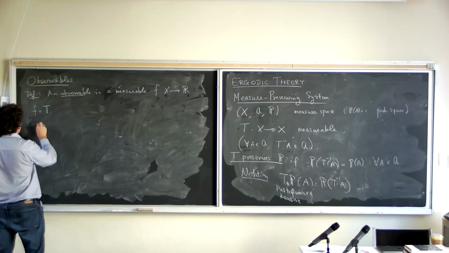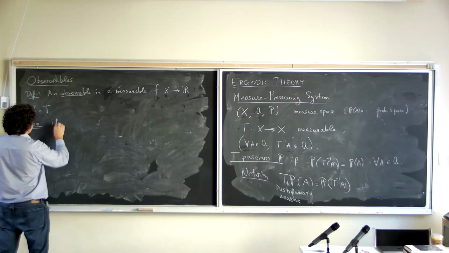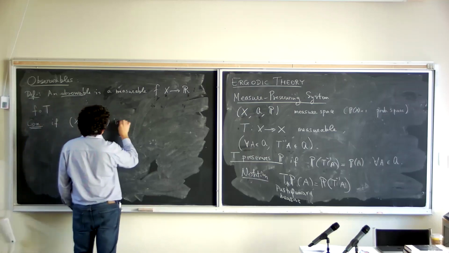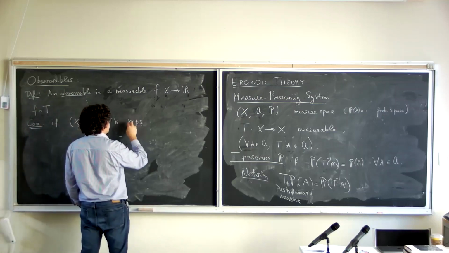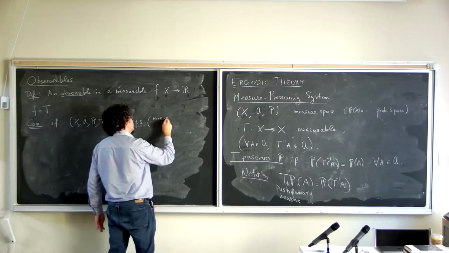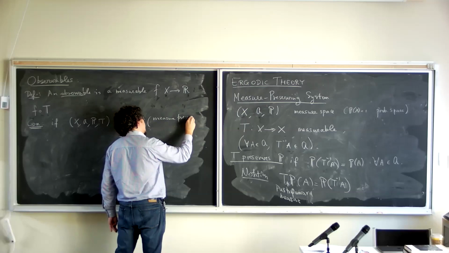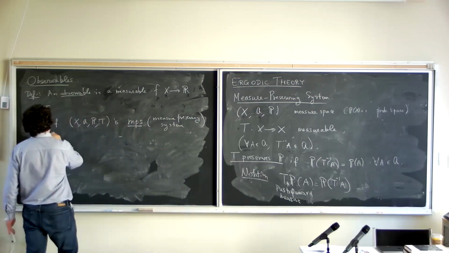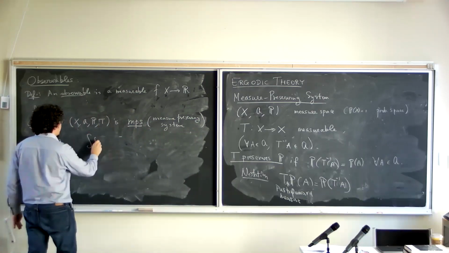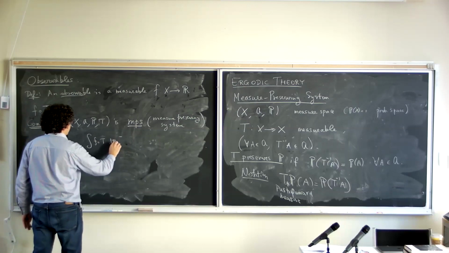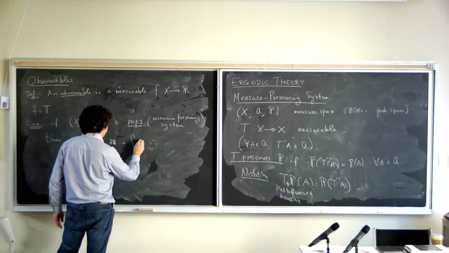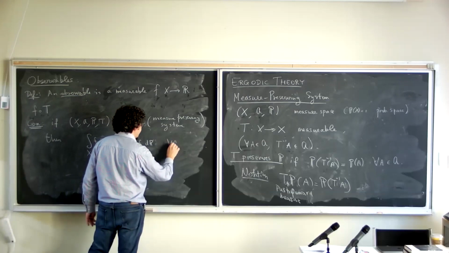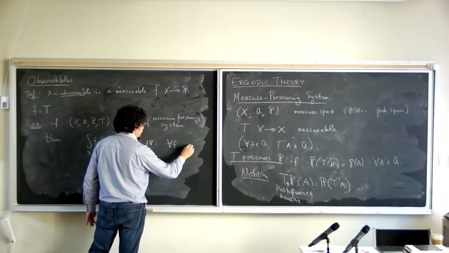So a corollary of the definition is that if, and here usually we can write the whole thing, X, A, P, T is an MPS, which is a measure preserving system, then the integral of f composed with T dP equals the integral of f dP over the set, for any f measurable.